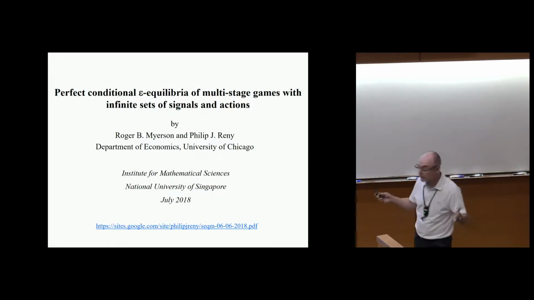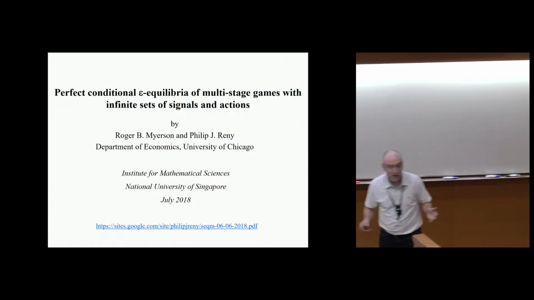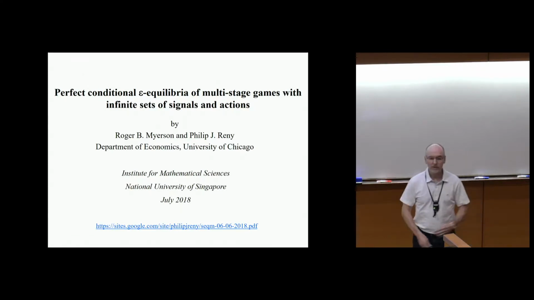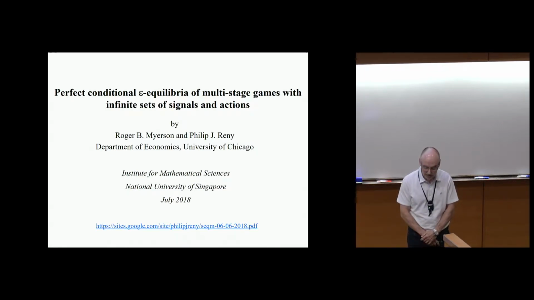And of course, concepts like perfect Bayesian equilibrium, various versions of them, what do you do in subgames, one has to say. And so we need some methodology for analyzing these games, and that's the intention of this project.